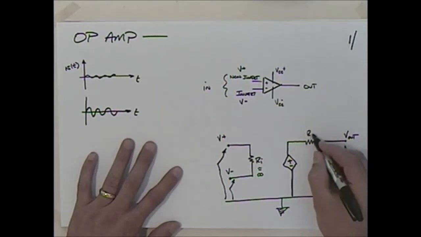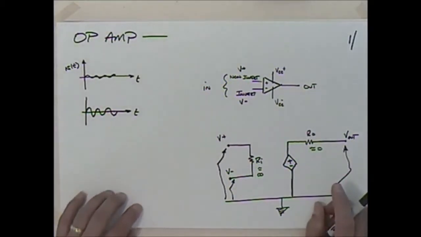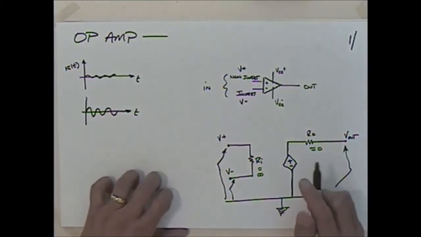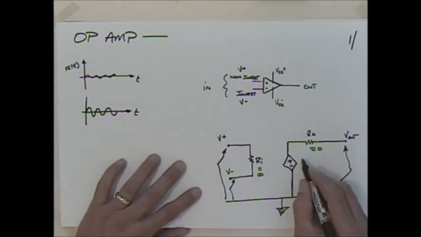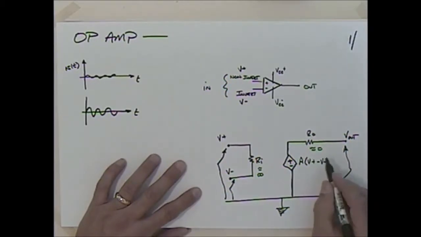This R out, our output resistor, we would like it to be as close as possible to 0. We couldn't have it at 0, but we'd like to get it very, very small. So here, what's controlling this is some gain A times the difference between V plus and V minus. So I'm subtracting: that's V plus minus V minus.